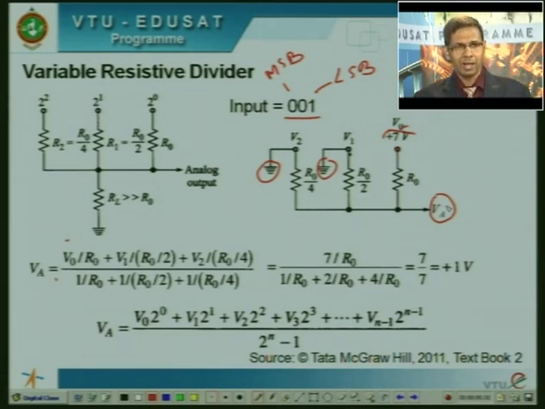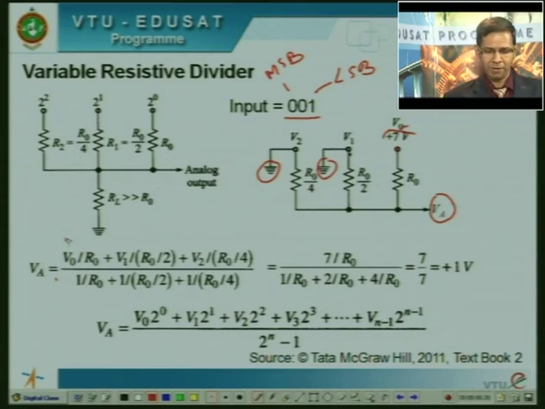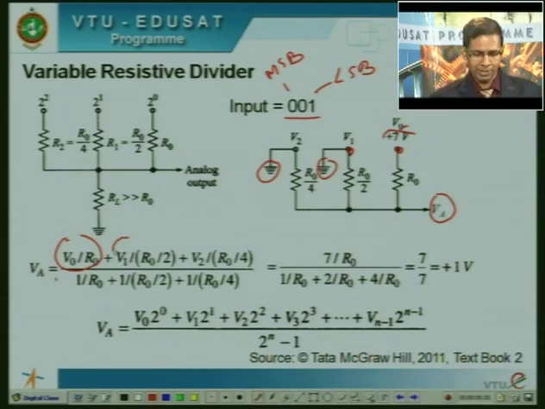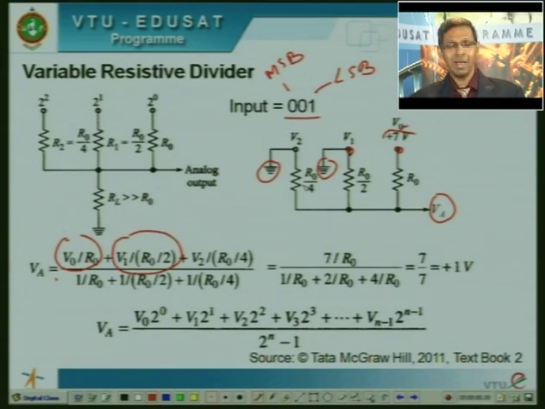VA is given as a ratio of current and conductance, which is 1 upon R. What is the current given by? V0 upon R0, that is, the voltage applied at the first node divided by the resistance of that node, plus the voltage at the second node divided by the resistance at that node, plus the voltage at the third node divided by the resistance at the third node.